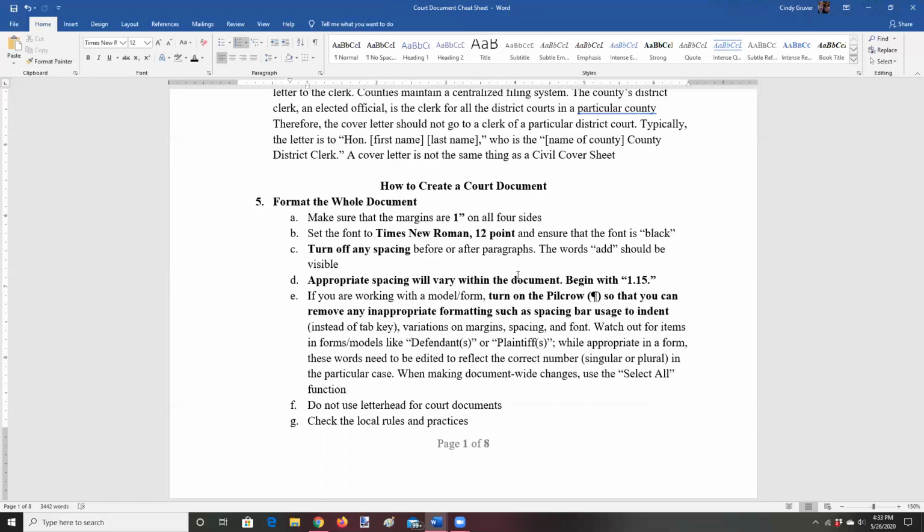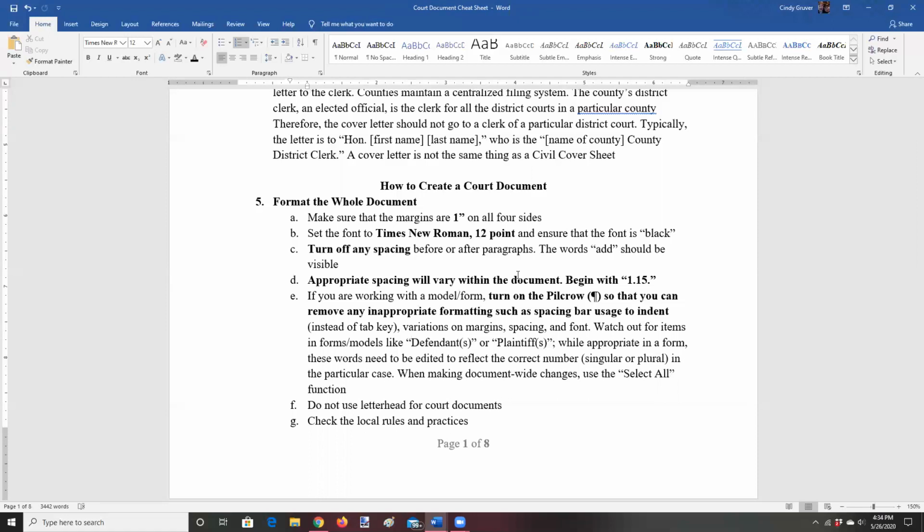So we're setting it up so it's going to be correct either way. And that makes a lot of sense for a form because some cases are just one plaintiff versus another plaintiff, or one plaintiff versus lots of defendants, or lots of plaintiffs versus one defendant, or all the other iterations that you could have. So it makes sense for forms to be that way.